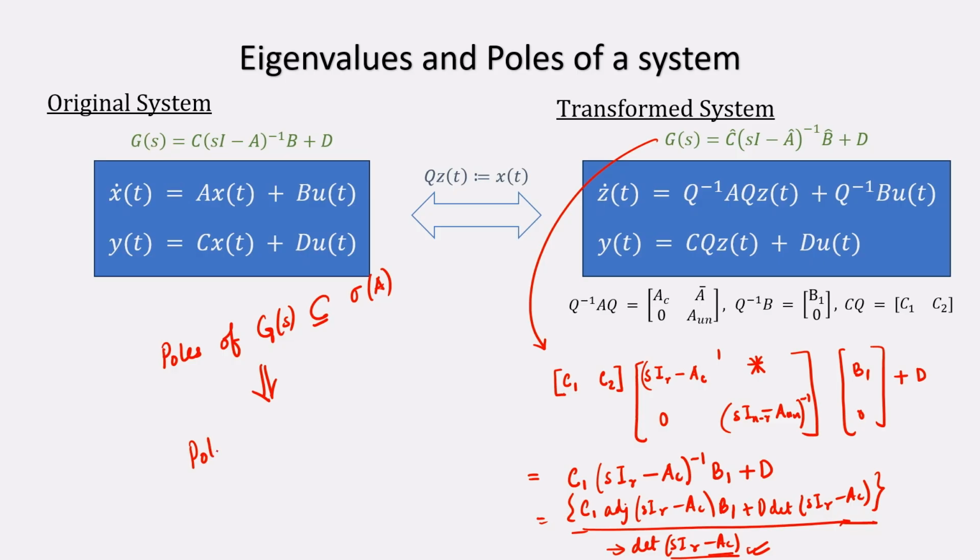I can also say that the poles of G(s) will be a subset of the controllable eigenvalues, because the uncontrollable eigenvalues will never be poles of the system. Now, when will this become equal, we will see soon. But at least till now I can directly say that if an eigenvalue is uncontrollable, it will never show up as a pole of the system.